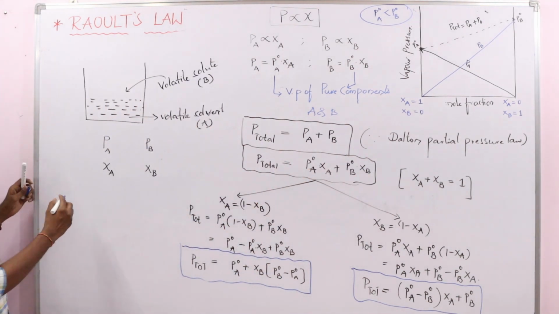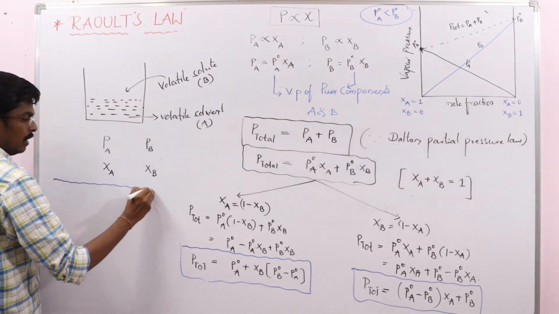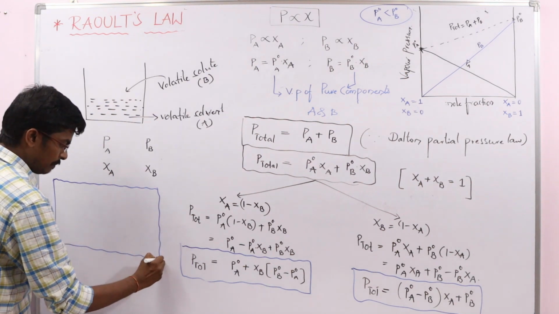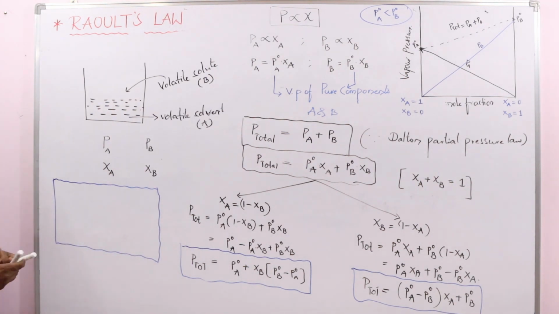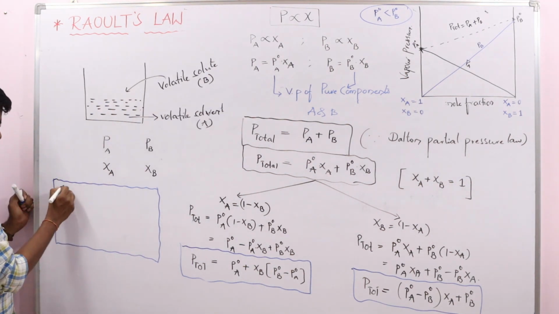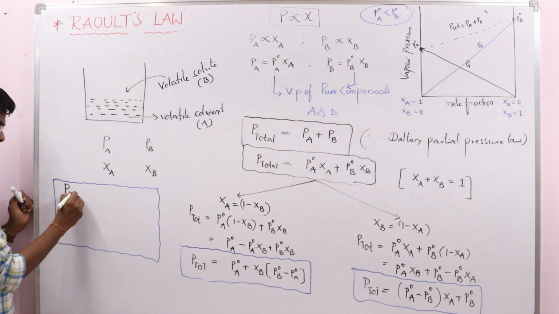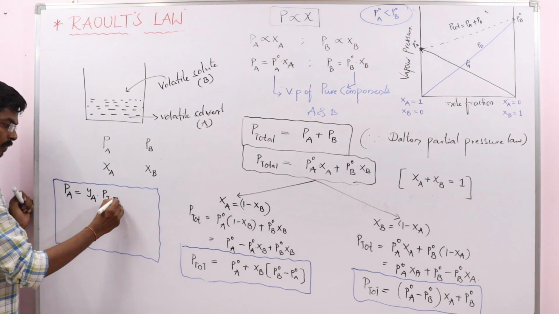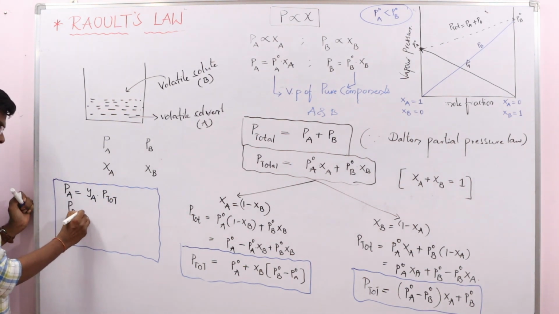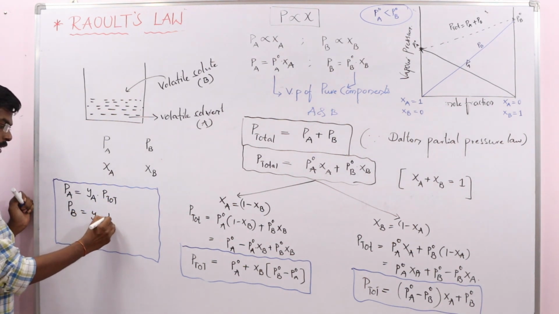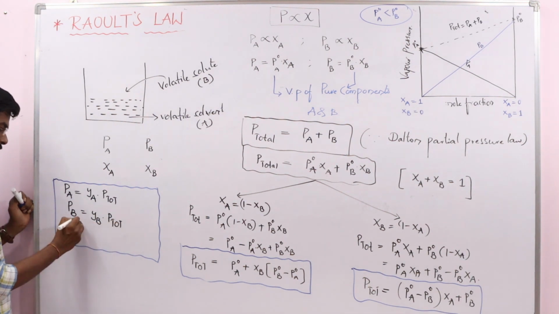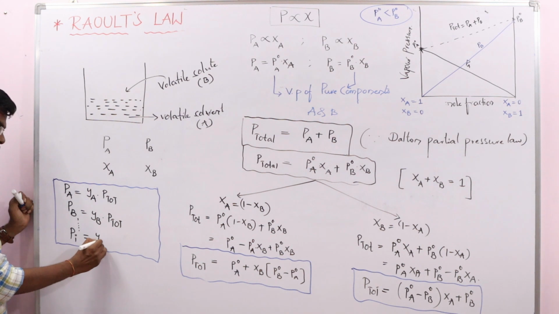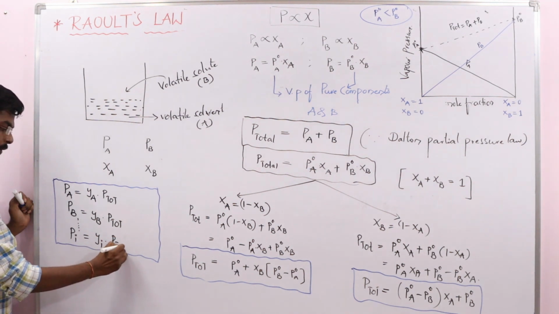And one more relation is there for the vapor phase. PA is equal to YA into P total, PB is equal to YB into P total, or for the ith component, Pi is equal to Yi into P total.